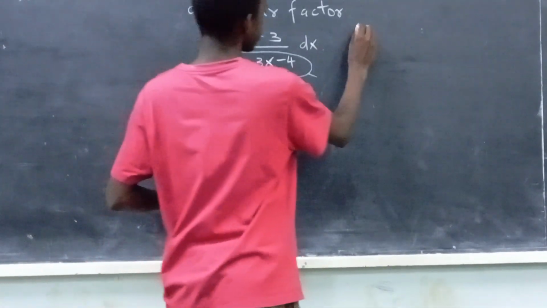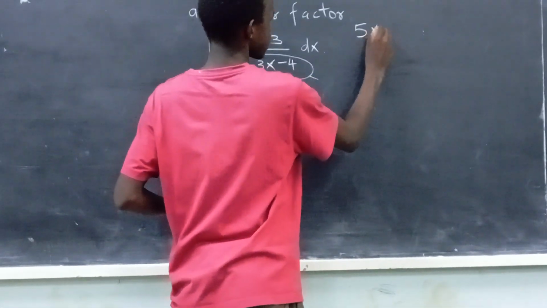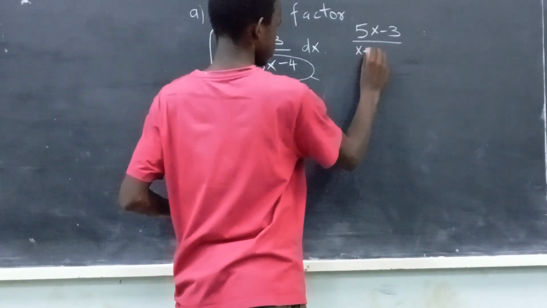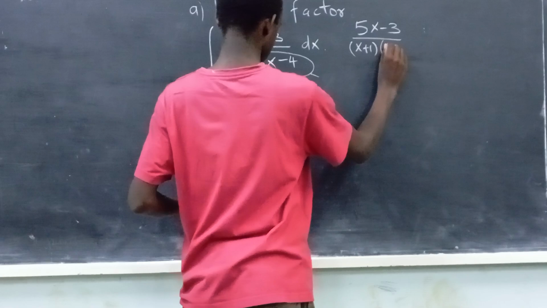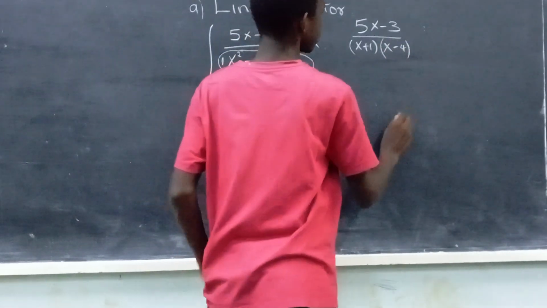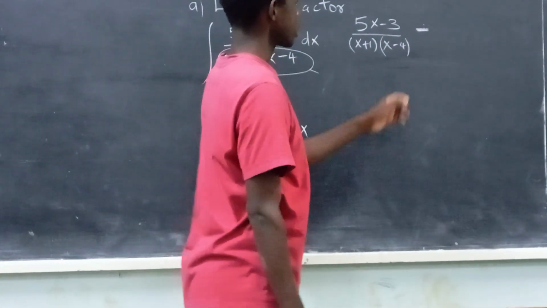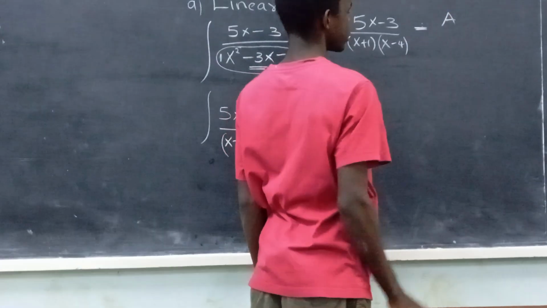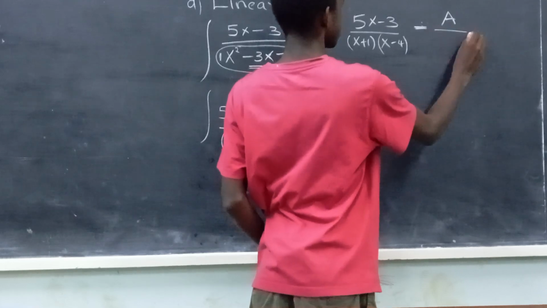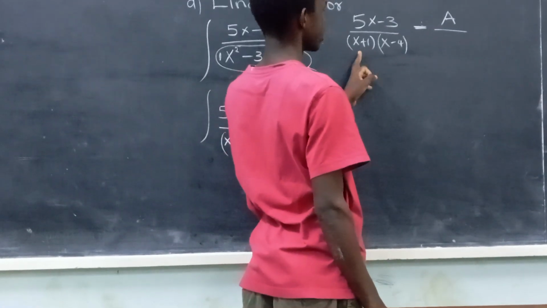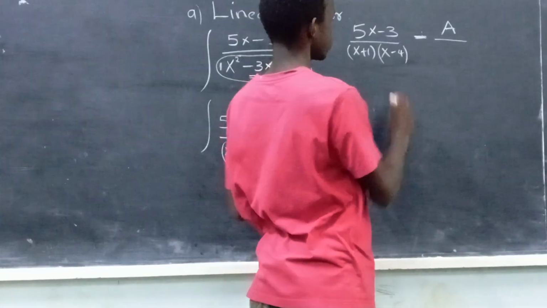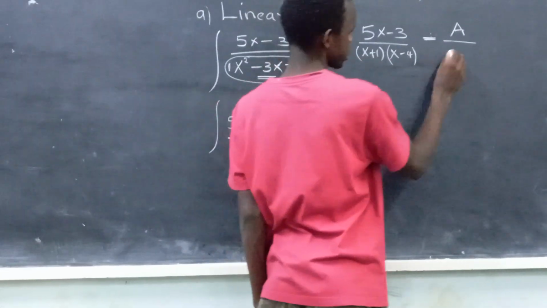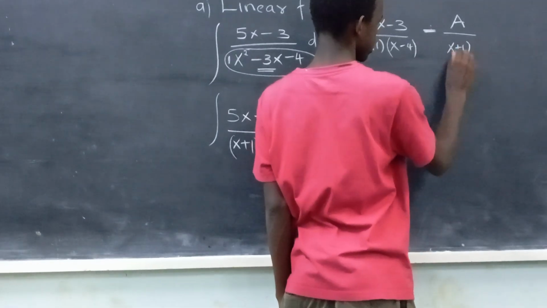So decomposing 5x minus 3 divided by x plus 1 and again x minus 4, we will get, you take a constant term, for example a, this is just a number outside you want, then you divide it by the first part. There are 2 factors. So for example, if you take a, you divide by x plus 1, okay?